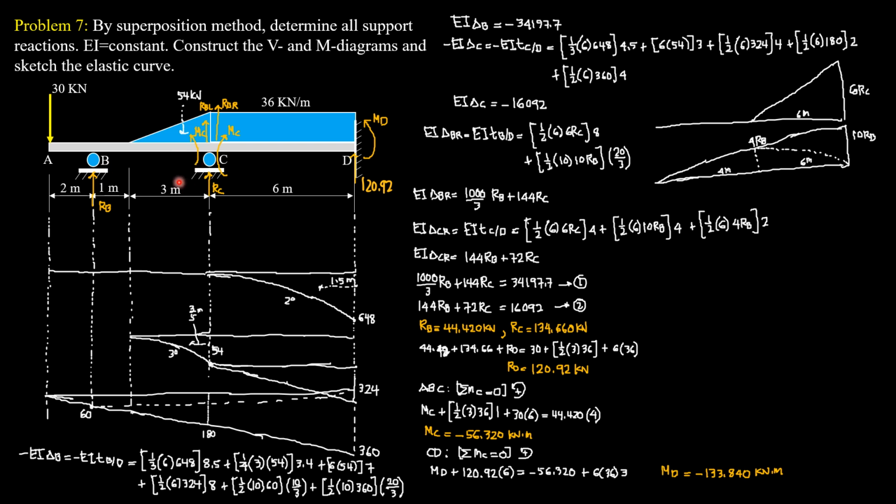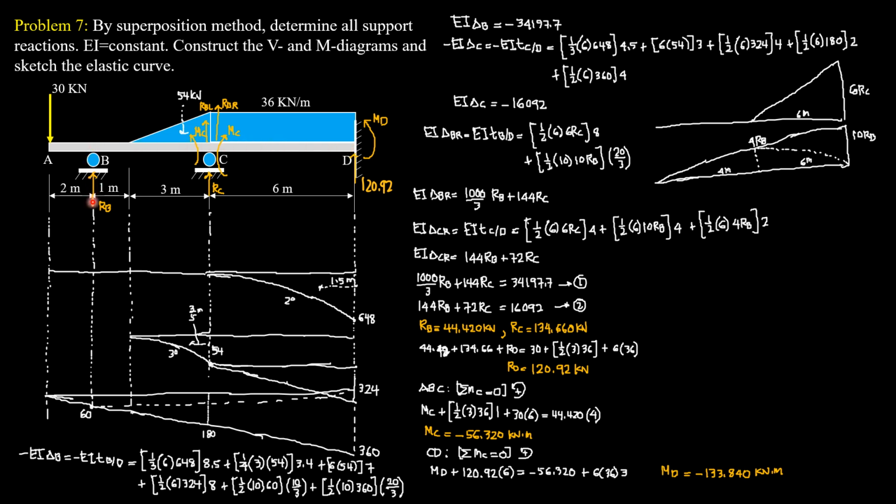So imagine that supports B and C are removed, so this becomes a cantilever beam. We can compute the deflection at B, and by definition, it is equal to the deviation of point B relative to the tangent at B. That is automatically also the deflection, because the reference tangent at D is horizontal.